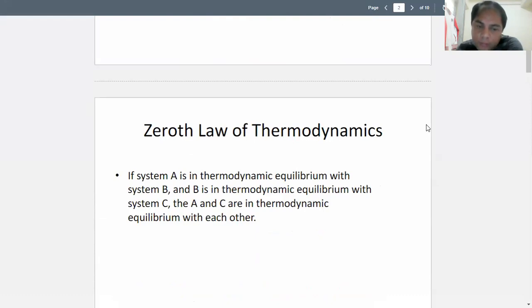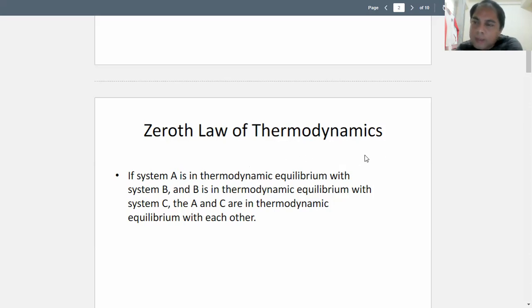If a system A is in thermodynamic equilibrium with system B, and likewise, system B is in thermodynamic equilibrium also with system C, then A and C are in thermodynamic equilibrium with each other. So, for example, we combine together systems A and B, and somehow A is quite separate from C, in some case.